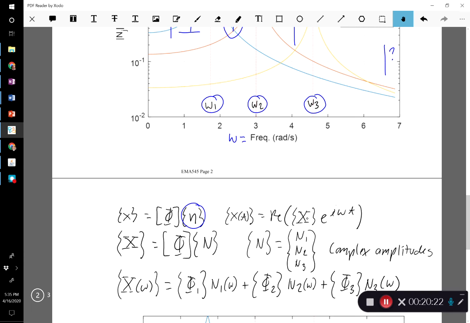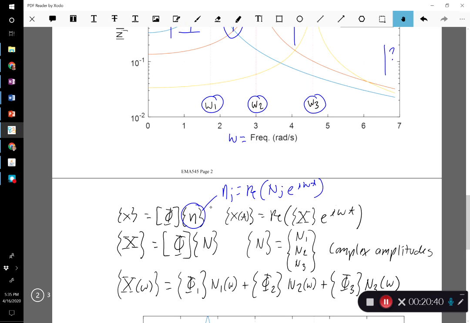Actually, I guess this falls out of what we've just done. We made the assumption that each of these etas was the real part of some scalar complex amplitude e to the i omega t.